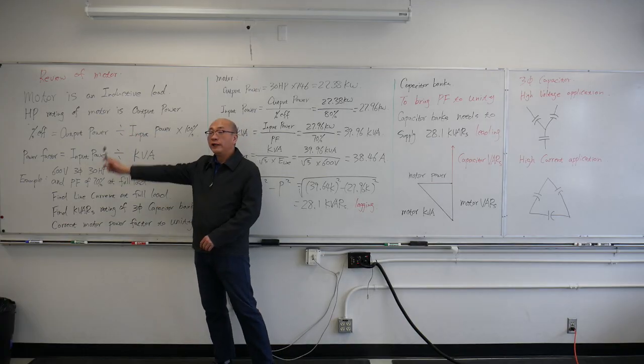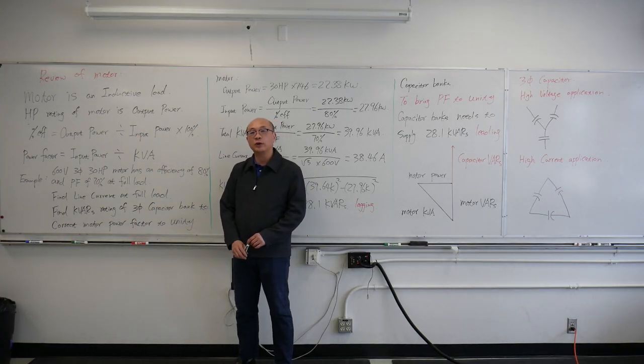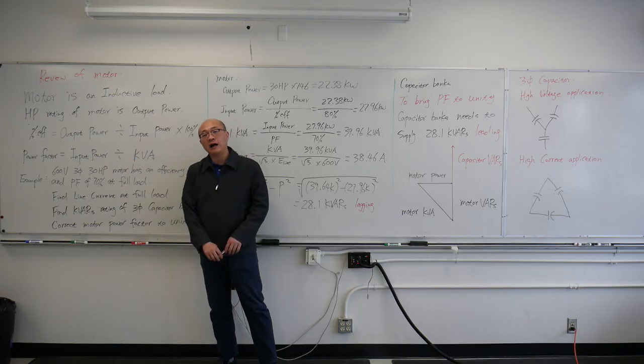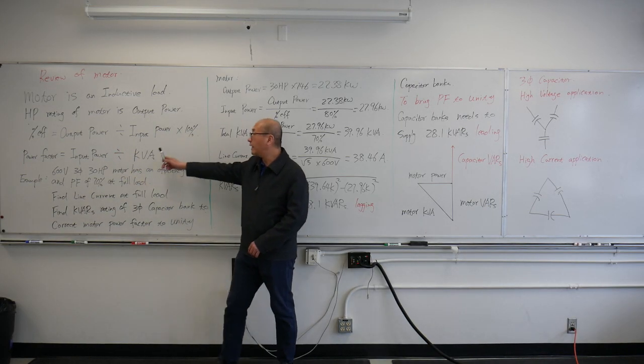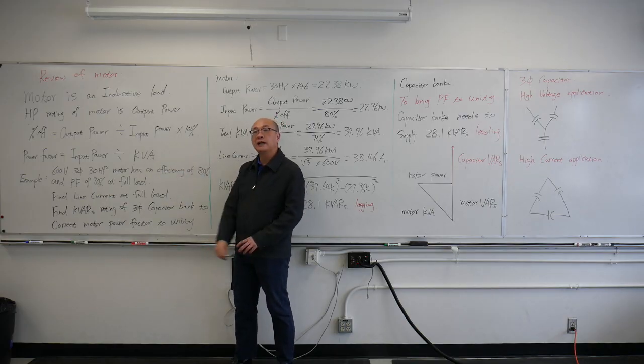The horsepower rating of the motor is the output power of the motor. So the motor is rated in horsepower, but that horsepower is the output power from the motor shaft. The percent efficiency of the motor is the output power divided by the input power, times 100%.